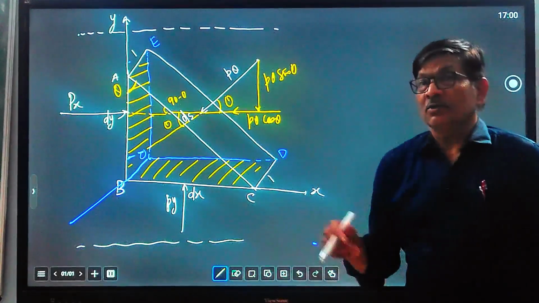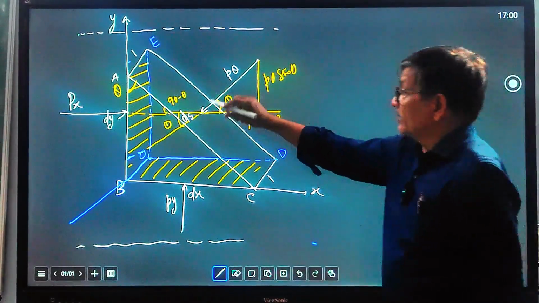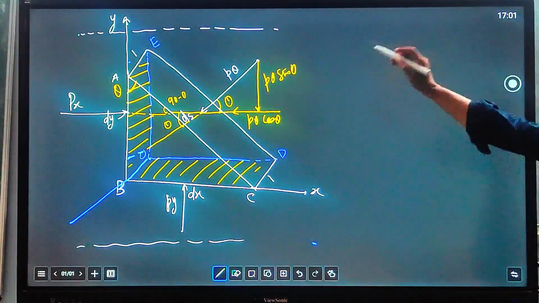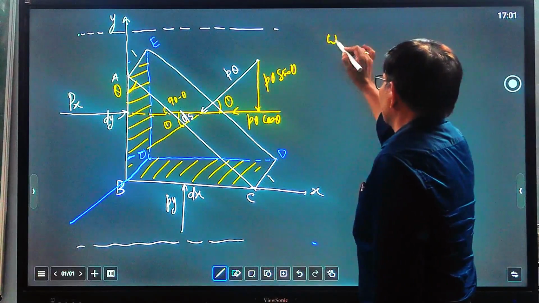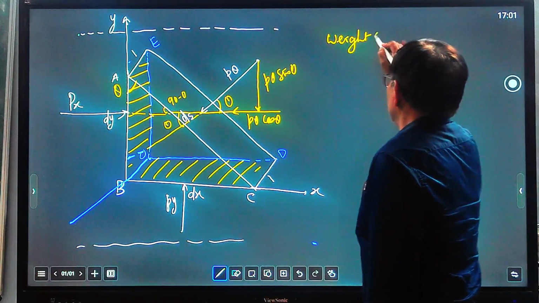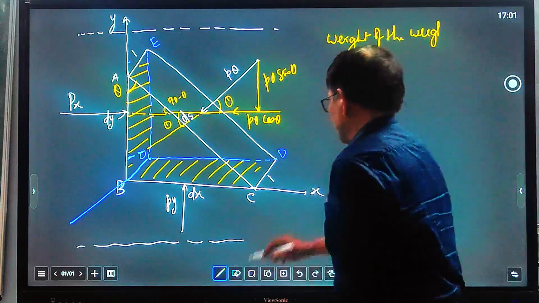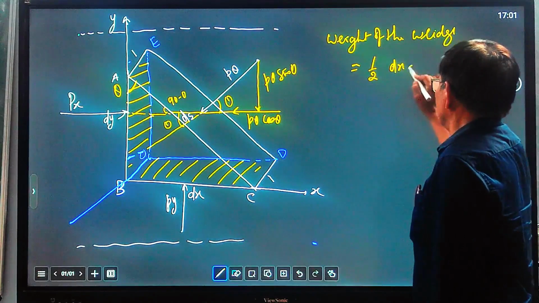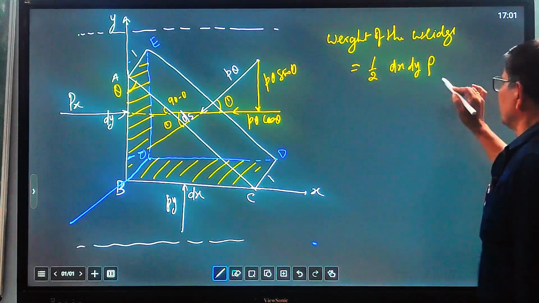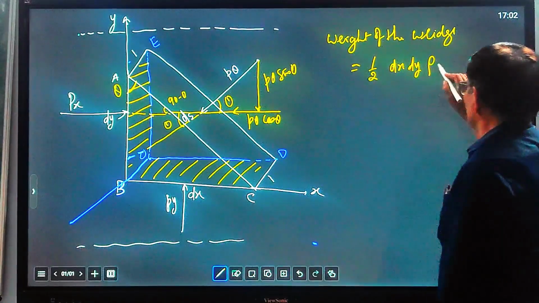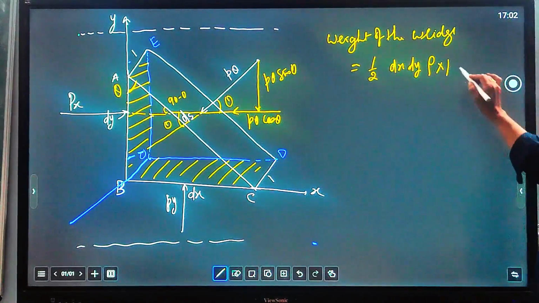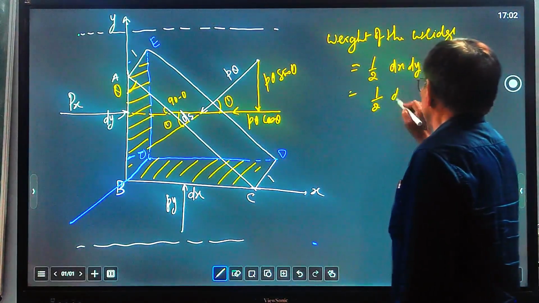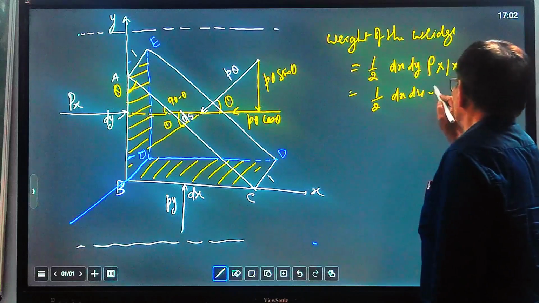Also we will consider the gravity force, the weight of this elemental triangular wedge. The weight of the wedge will act downward. Weight of the wedge equals 1 by 2 dx dy rho g, because the thickness we have taken is 1.